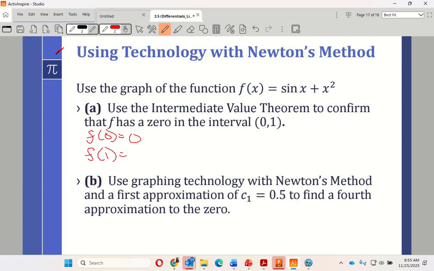What's sine at 1? It's some weird decimal, plus 1. Is it a positive decimal or a negative decimal? It's going to be positive. So this is going to be 1 point, blah, blah, blah. But it's positive. All right, can I confirm that this has a 0 here? No, why? There's no change. So that's where this one fails.